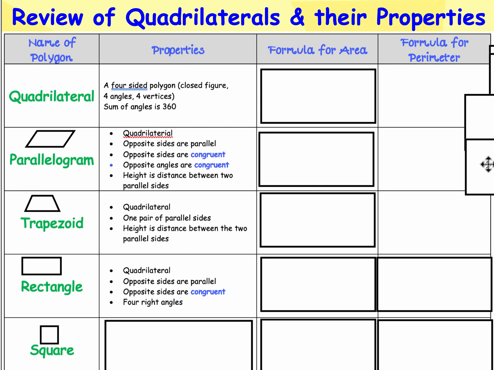A rectangle is a quadrilateral and it has opposite sides that are parallel and opposite sides that are also congruent, but the difference between a parallelogram versus a rectangle is that the angle measures are all 90 degrees in a rectangle.